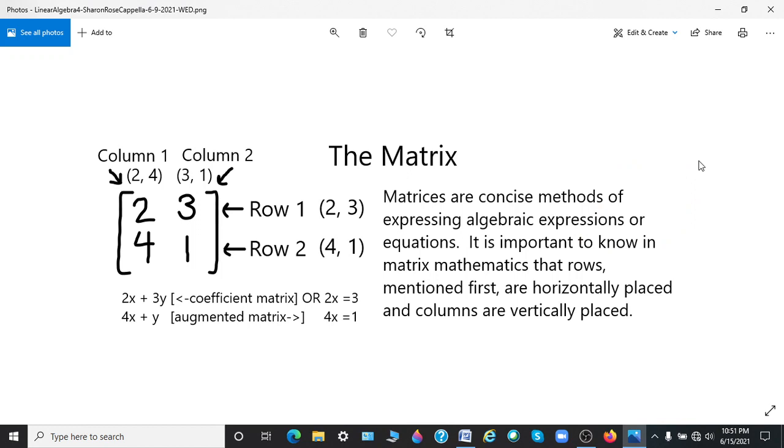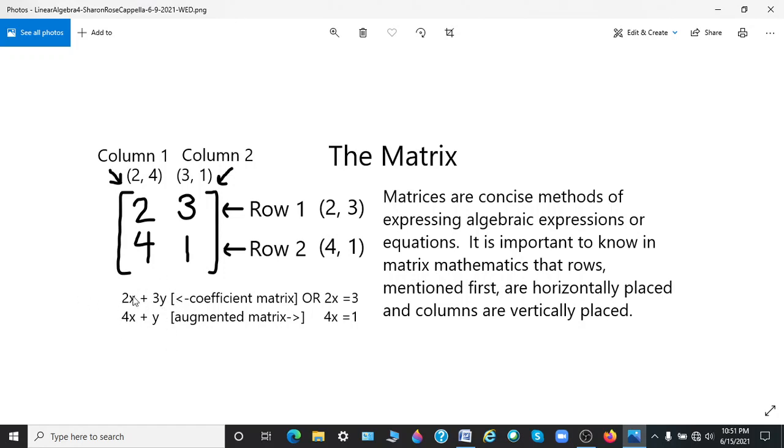So, matrices are the way that we perform linear algebra computations, and these are the expressions of the linear equations as mentioned. And as I mentioned, this would be a coefficient matrix because it has no equals.